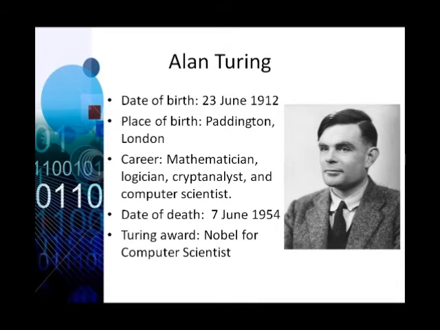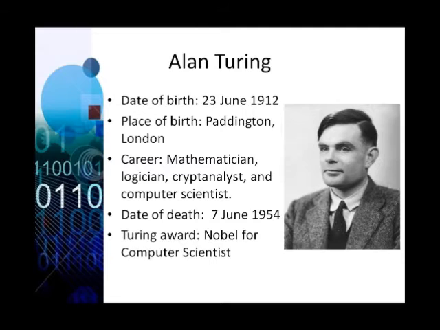On 7 June 1954, while he was experimenting in electrolysis, he ate an apple which had been poisoned with cyanide. He was found dead on the following day. The investigation showed that he killed himself, but his mother believed it was an accident.